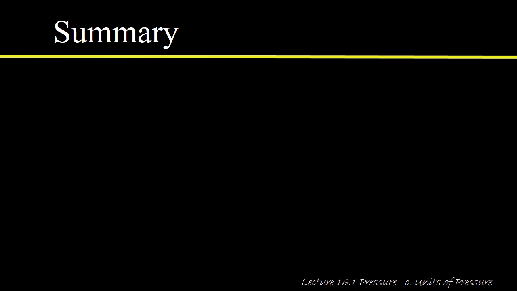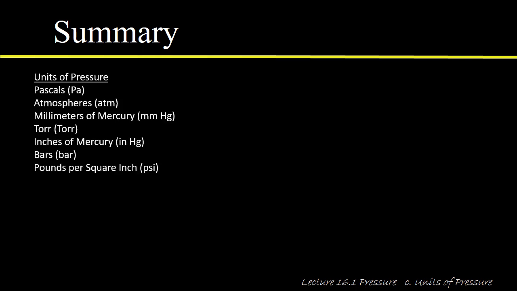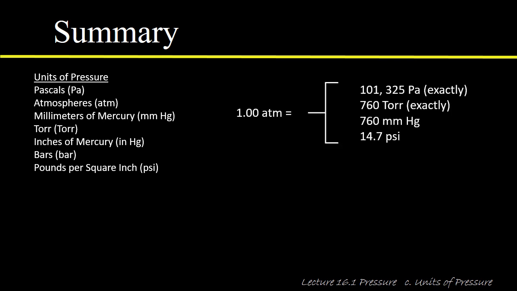All right, so let's look at what we've done in this video. We looked at units of pressure. There were 7 different units that we looked at: pascals, atmospheres, millimeters of mercury, torr, inches of mercury, bars, and pounds per square inch. Okay, all 7 of those are in pretty common usage, so you should be familiar with all 7 of those and know what they mean.